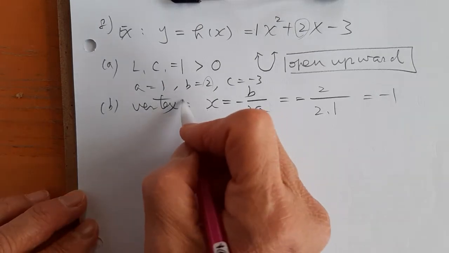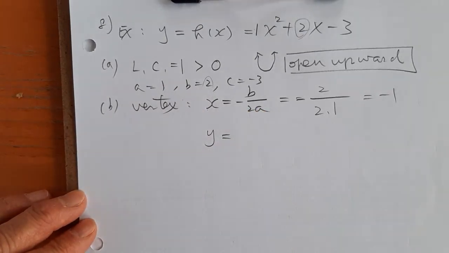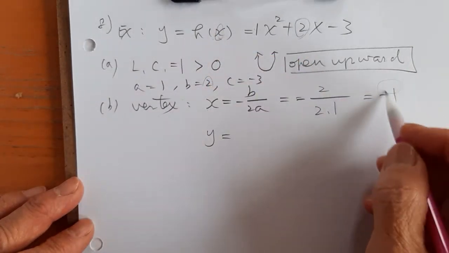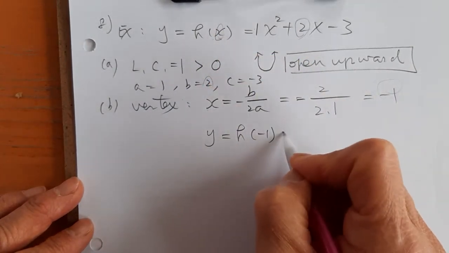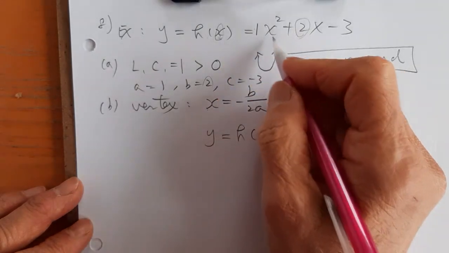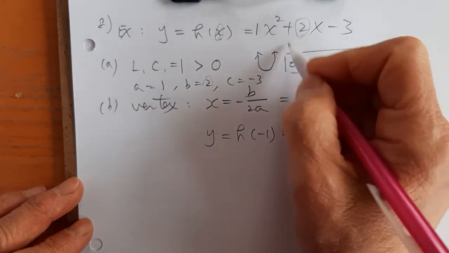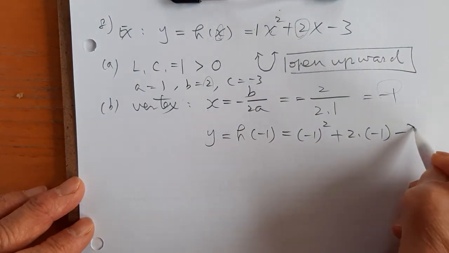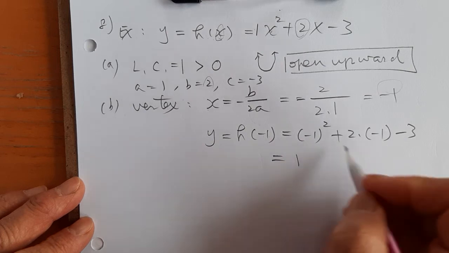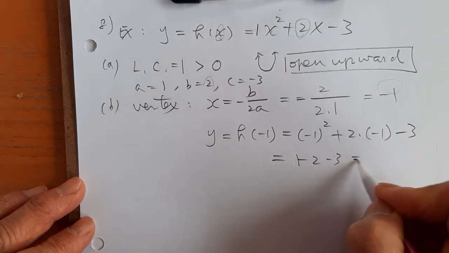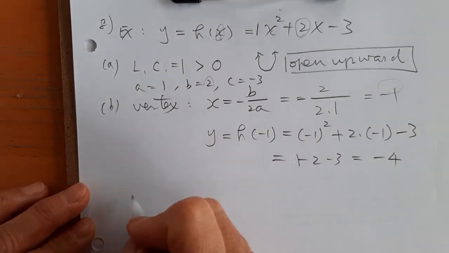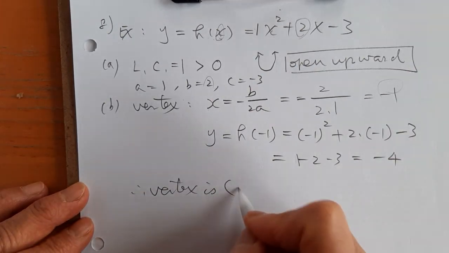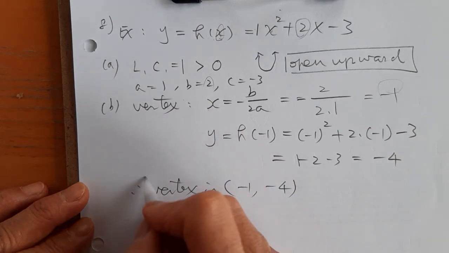That's the x-coordinate of the vertex. For the y-coordinate, you plug into the original function, substituting x by negative 1. Get h of negative 1, which is negative 1 squared plus 2 times negative 1 minus 3. Negative 1 squared is 1, minus 2 minus 3 is negative 4. So the vertex has x-coordinate negative 1 and y-coordinate negative 4.